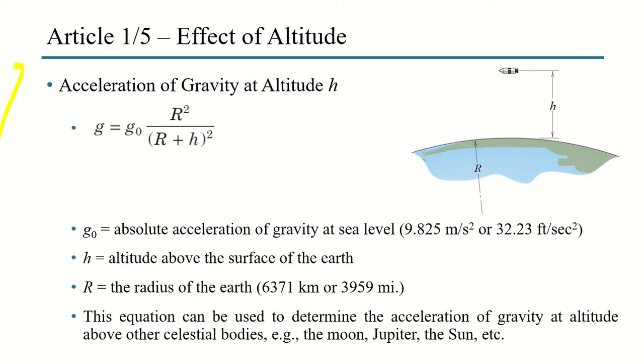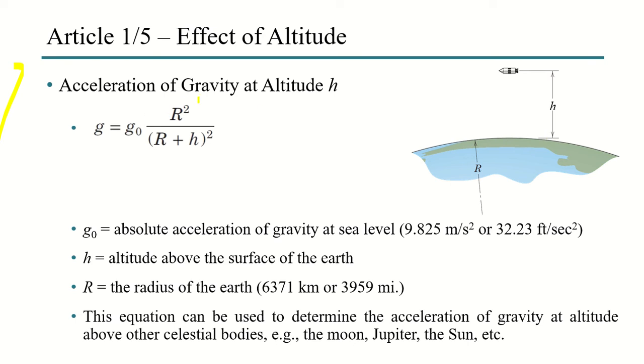Then, effect of altitude. If you look at this illustration, we have a rocket or a particle moving horizontally. We have here the Earth, R is the radius of the Earth, and we have the height of the particle flying above the Earth.